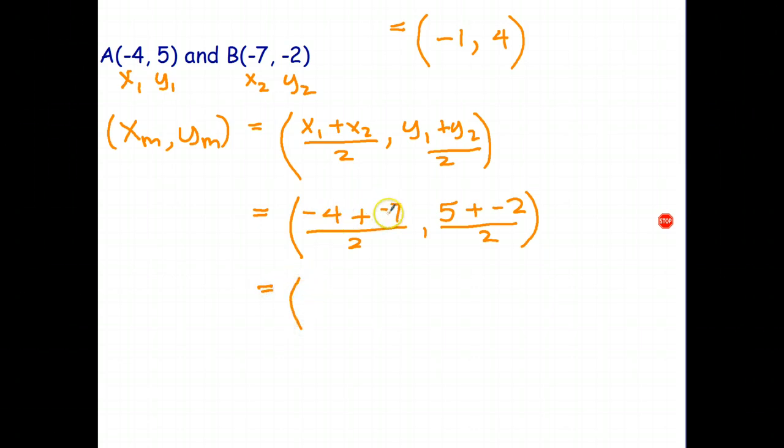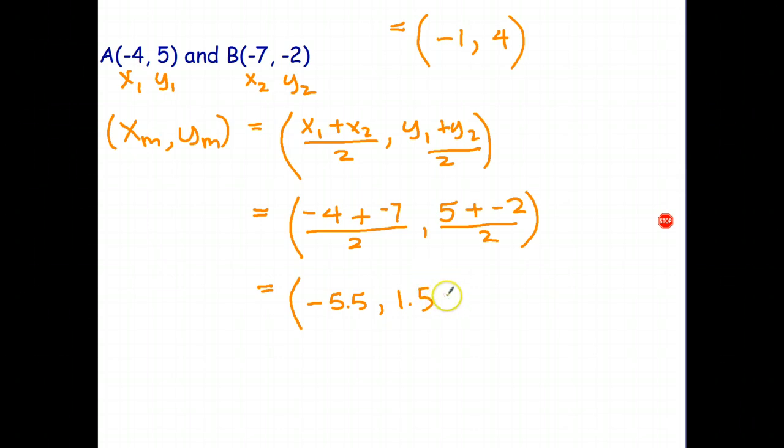-4 plus -7 is -11. -11 divided by 2 is -5.5. 5 plus -2 is 3, and 3 divided by 2 is 1.5. So I'm going to actually use decimals in this case because I'm plotting points.